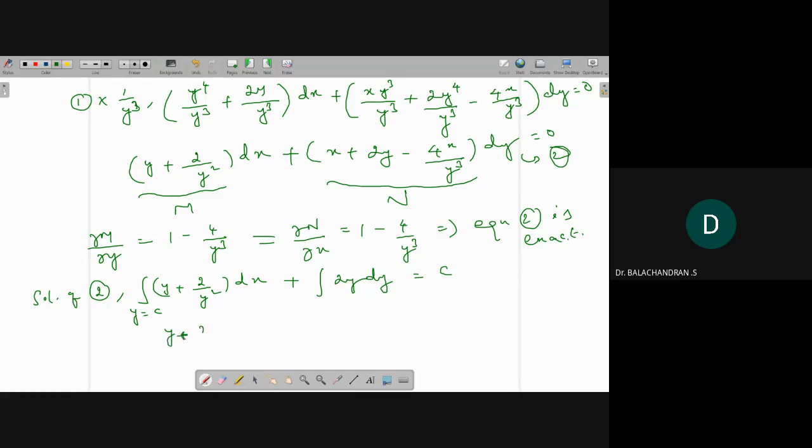I treat everything else as constant. So integration of dx is x, plus 2y square by 2, so 2 gets cancelled, equal to c. So the final answer is y plus 2 by y square into x plus y square equal to c. This is the final answer.